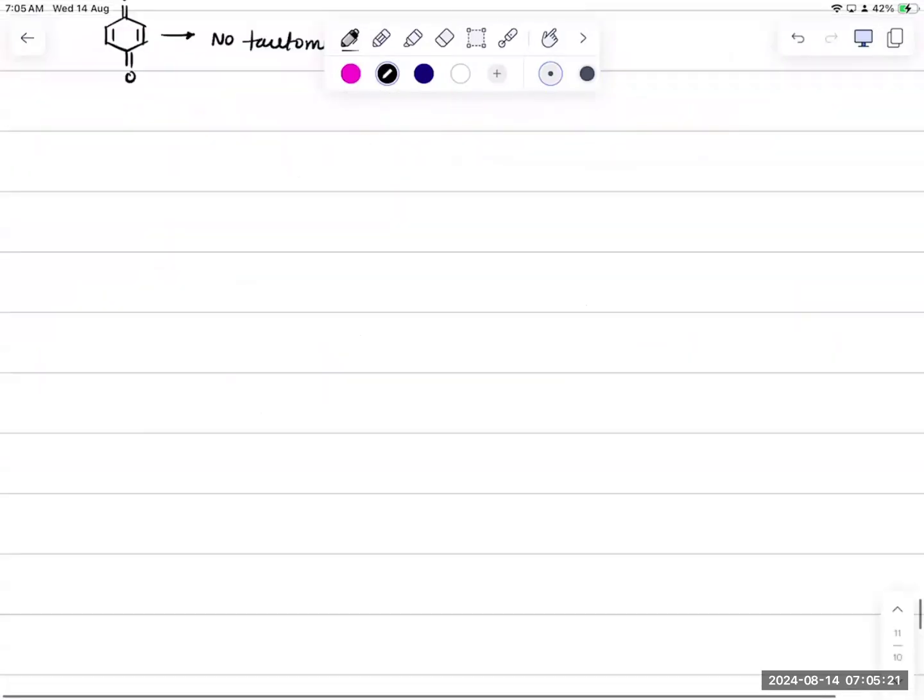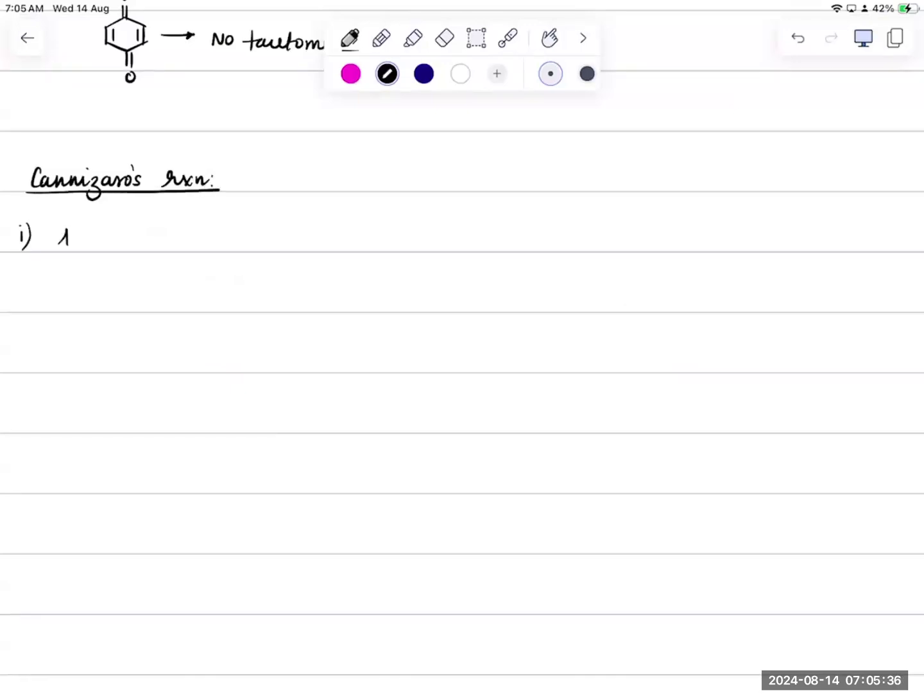Now, let us discuss Cannizzaro and aldol reactions. Start with Cannizzaro's reaction. The condition is that it is only for aldehydes with no alpha hydrogen present.